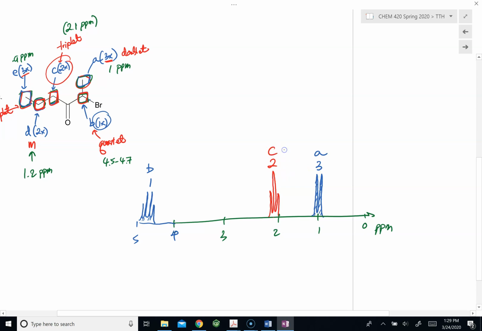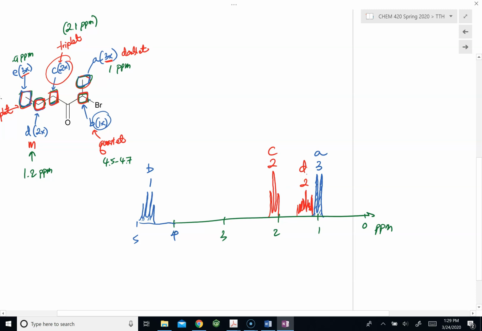And that would be our signal C. And our signal D would then be at 1.2 ppm, and it's 2 times the intensity, and it is a multiplet. So we would draw this signal as follows. We would draw a lot of lines to show it is a multiplet. And in this case, its intensity overall would be 2, and that would be our signal D.